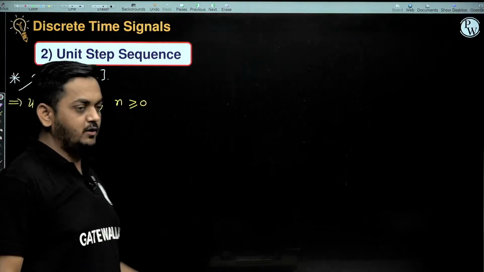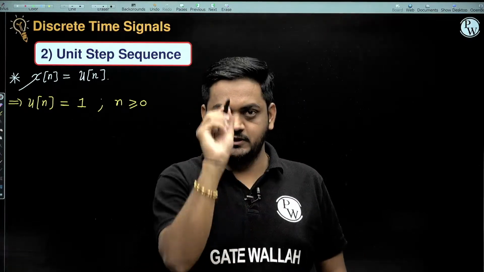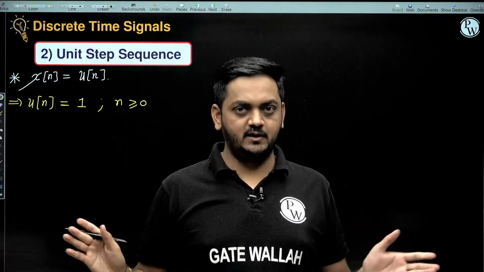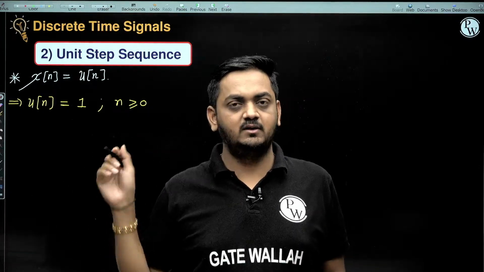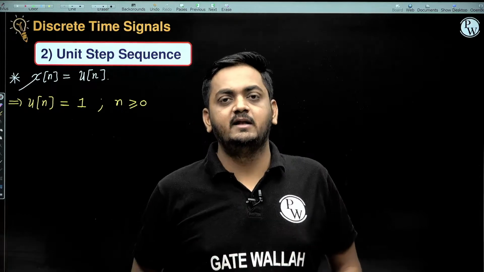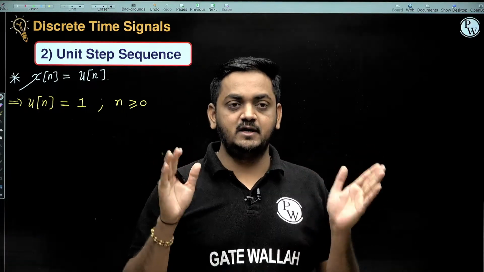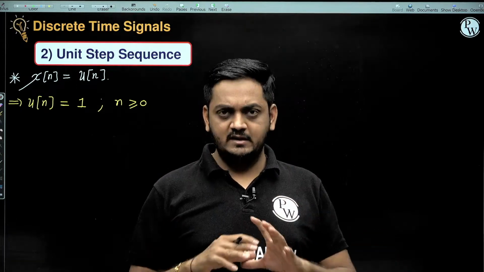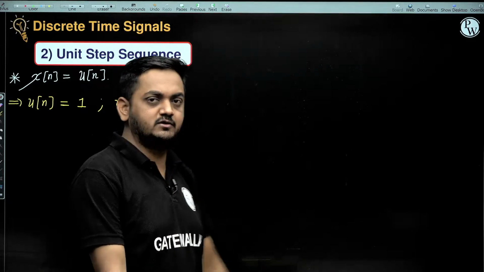Now in continuous time there is a discontinuity in amplitude at t equal to 0, a sudden change in amplitude at t equal to 0, but as this is discrete time, there will be no sudden change in amplitude for a discrete time signal, because this is discrete time, not continuous time.